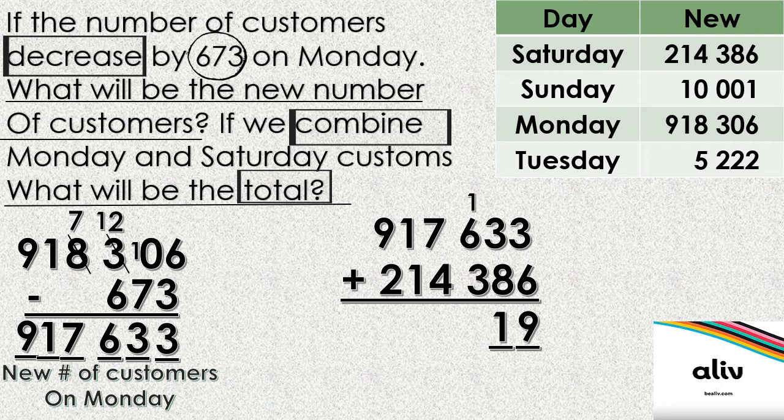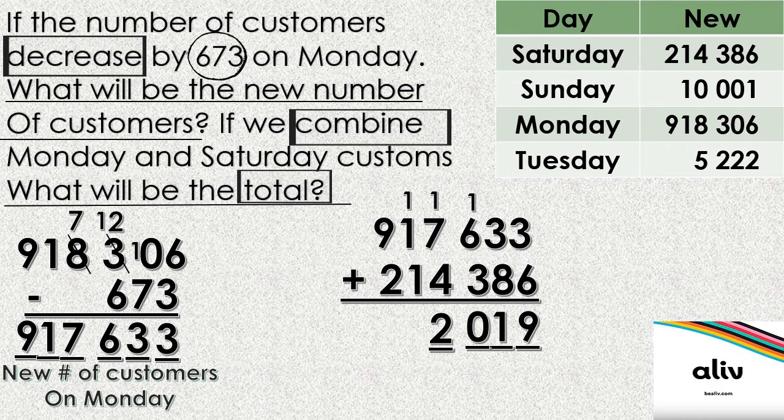1 hundred plus 600 plus 300 is 1000. Put down our 0 hundreds, go to our thousands column, and we carry our 1. We have 1,000. 1,000 plus 7,000 plus 4,000 is 12,000. Put down your 2,000, go over to your 10,000 column and carry your 1.